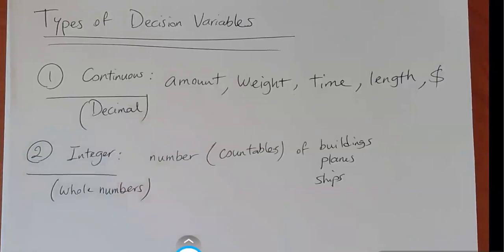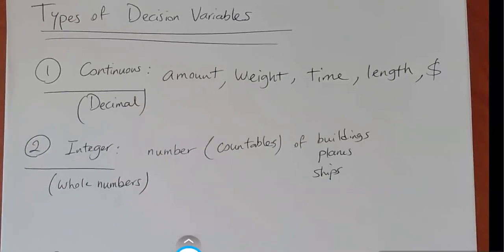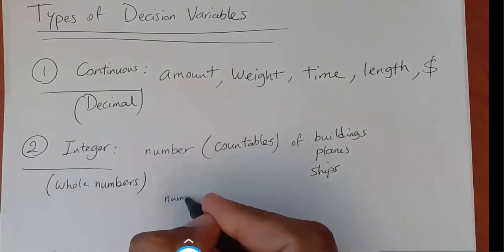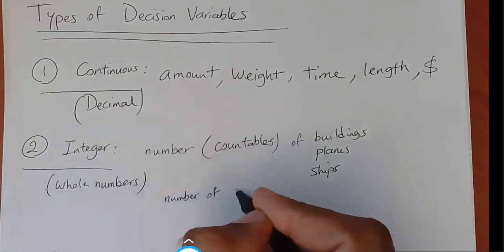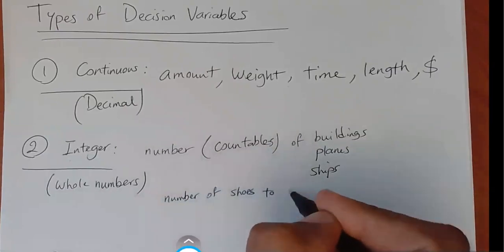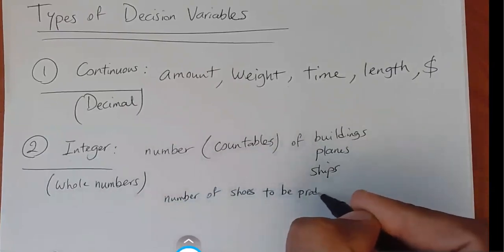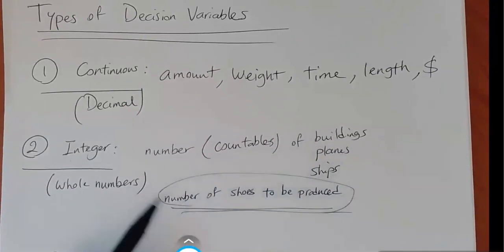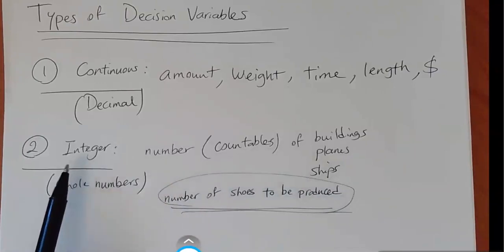For example, even when you're dealing with a countable number of something, let's say the number of shoes to be produced by a company, by a shoemaker. If this is your decision variable, even though it's countable, by nature it's going to be an integer variable.